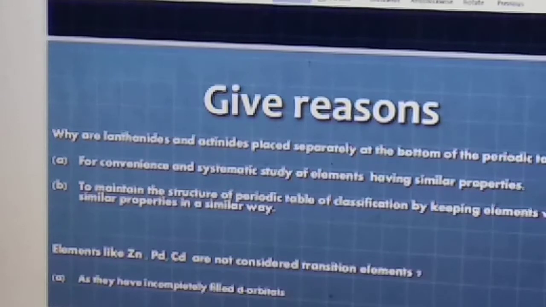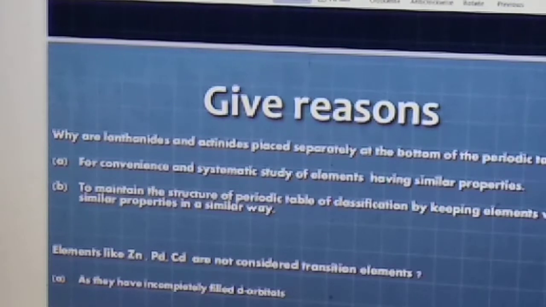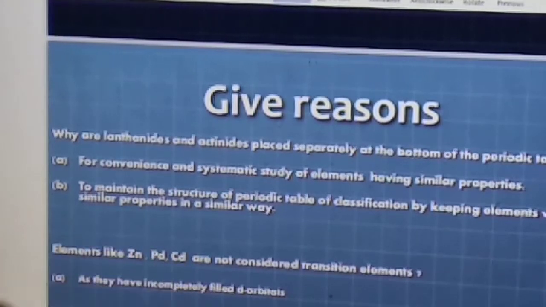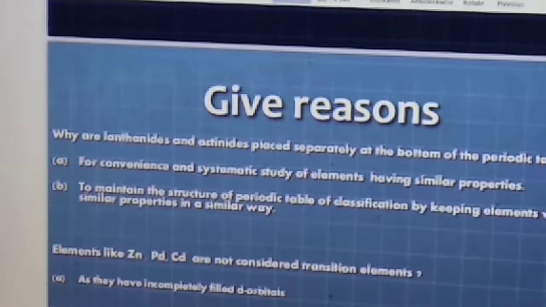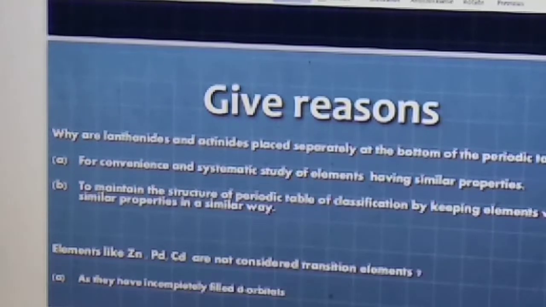While lanthanoids and actinoids are placed separately at the bottom of the periodic table for convenience and systematic study of elements having similar properties, and to maintain the structure of the periodic table by keeping elements with similar properties together. Elements like zinc, palladium, cadmium are not considered transition elements as they have filled d orbitals.